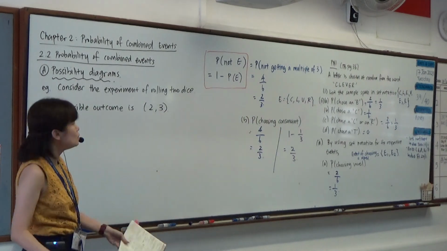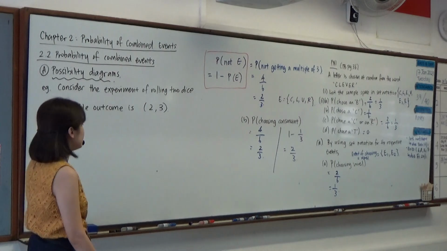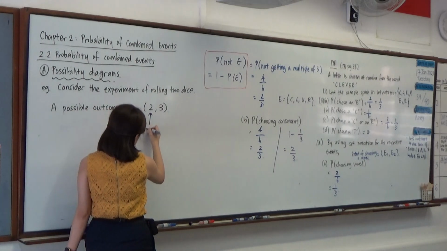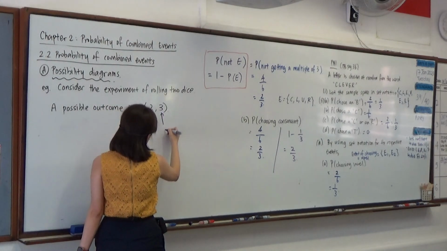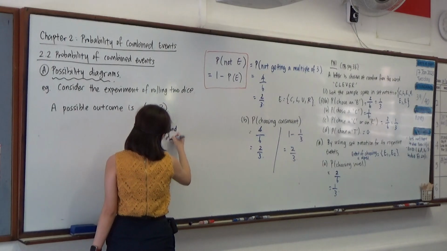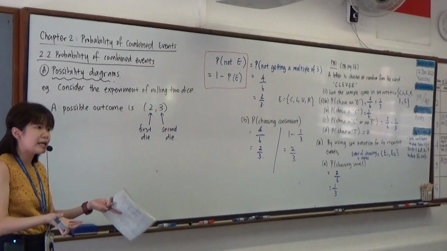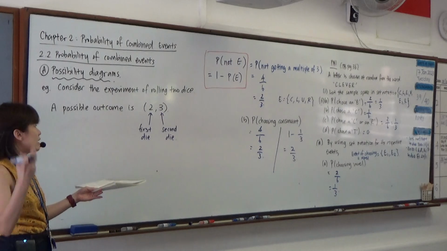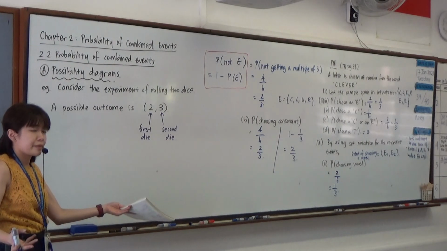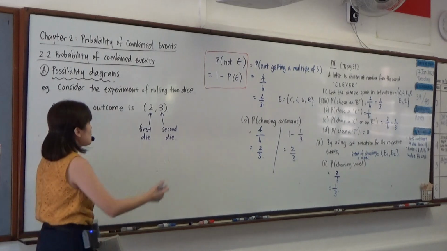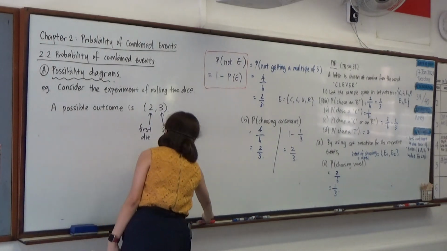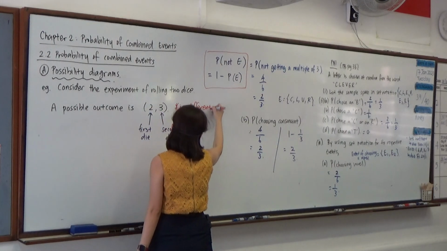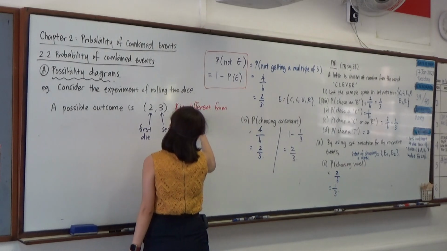The outcome 2, 3 when written like this, like a coordinate form, what I'm trying to say is that 2 is the number that we're getting for the first die, and 3 is the number that we're getting for the second die. Even though I can have 2 die that look exactly the same, I need to draw a distinction between them. So I need to recognize one of it is first die, the other one is second die. So therefore, the outcome 2, 3 is different from the outcome 3, 2.